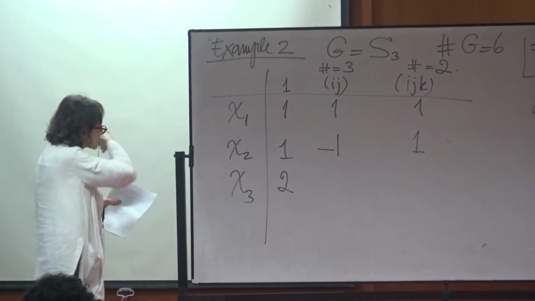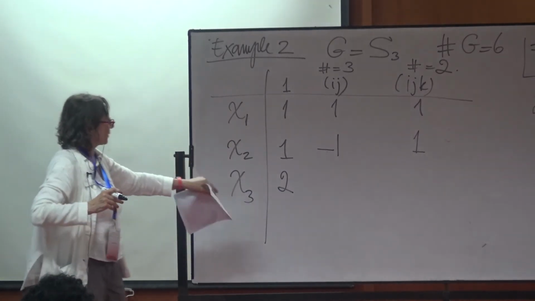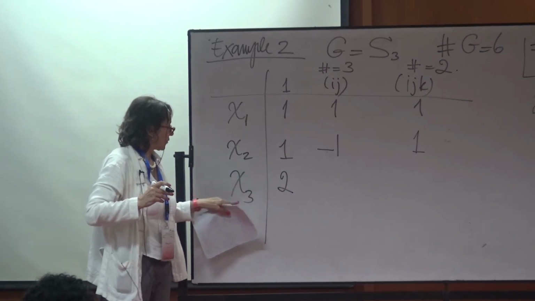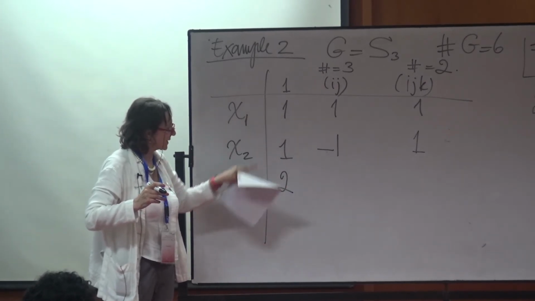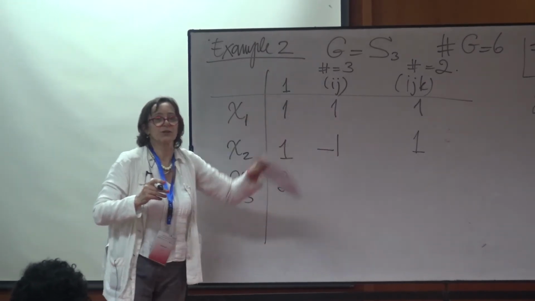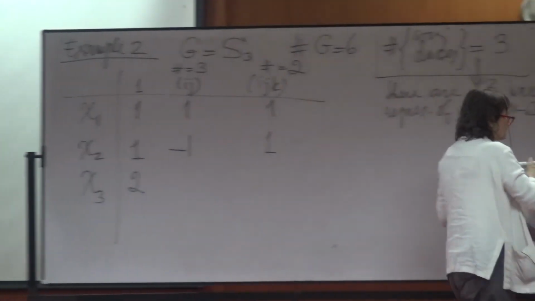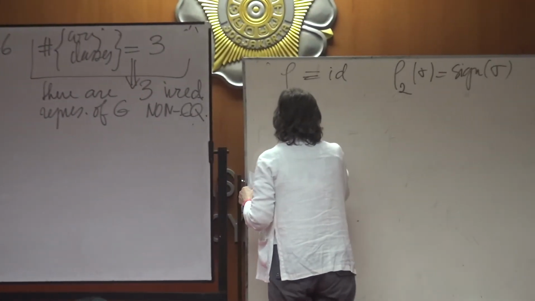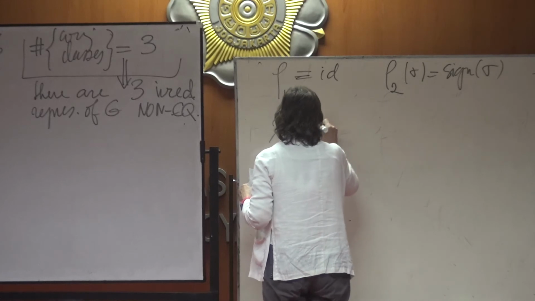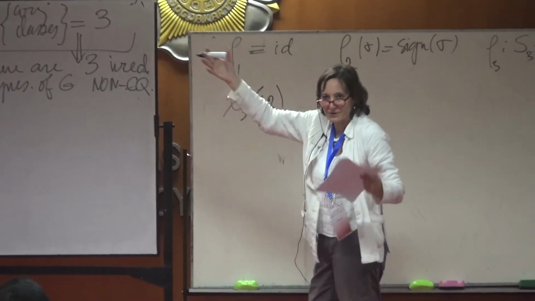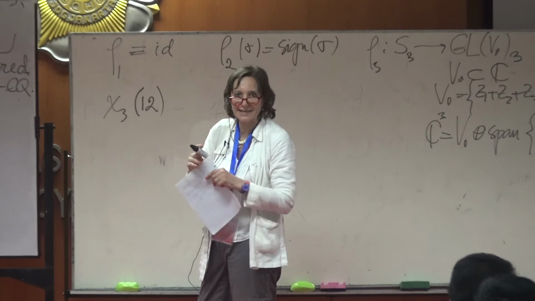Okay? So chi 3 of the identity is 2. Now we want to compute chi 3 on the transposition and on 3 cycles. So chi 3 of, for instance, (1 2). We can check (1 2) because it's constant on conjugacy classes.